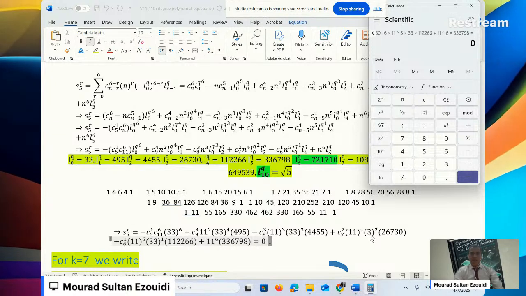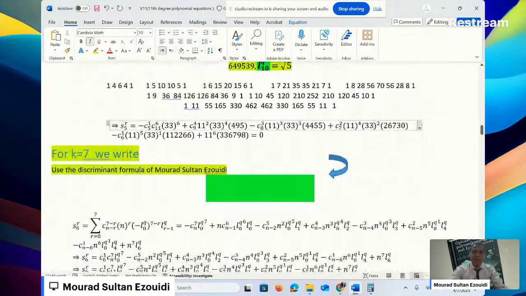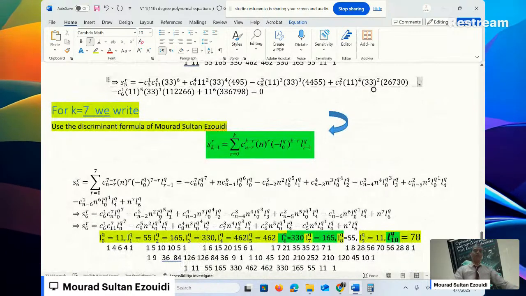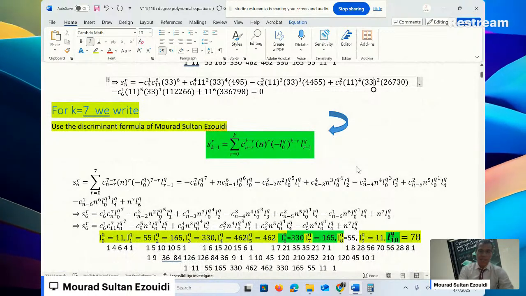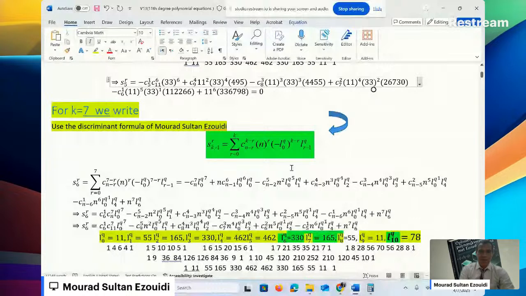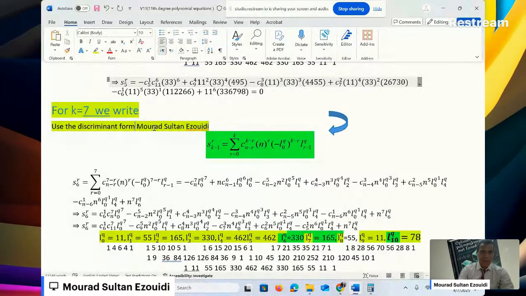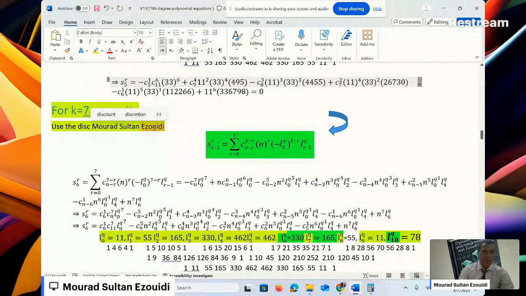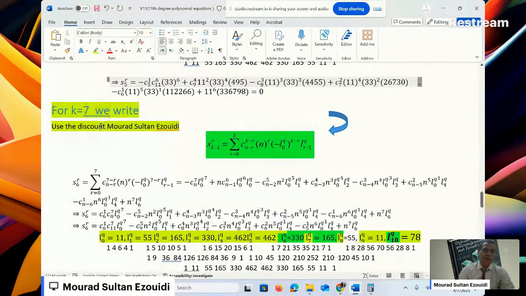Here this is equal to 33, because a 0 is 33. Good. Now I want to find a 6. To find a 6, you should put k equal 7 in Mourad Sultan Ezouidi theorem, meaning in my theorem.